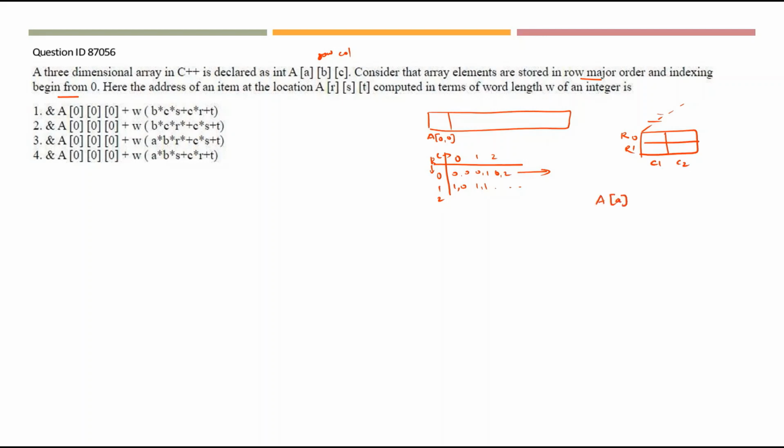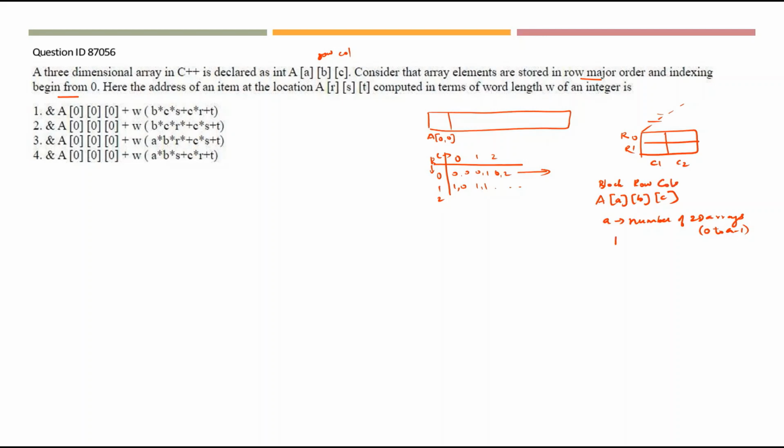Let's interpret this representation first. A with indices A, B and C. Index A denotes the number of 2D arrays. It will be ranging from 0 to A minus 1. So usually this will be called a block. That block's row and that block's column.